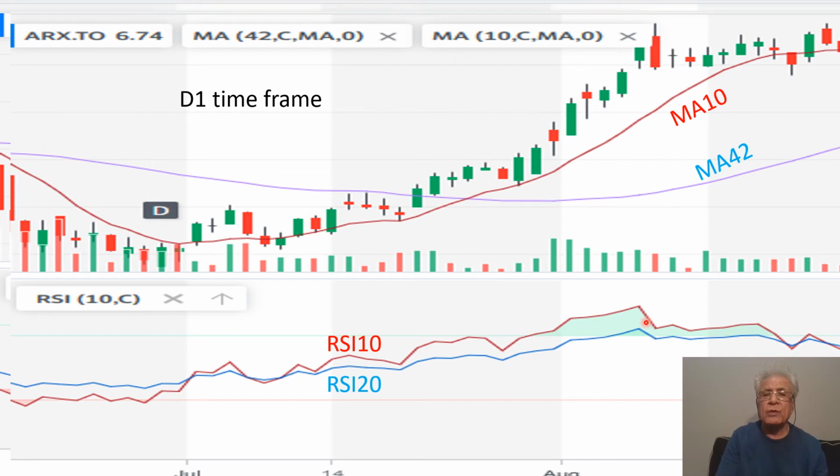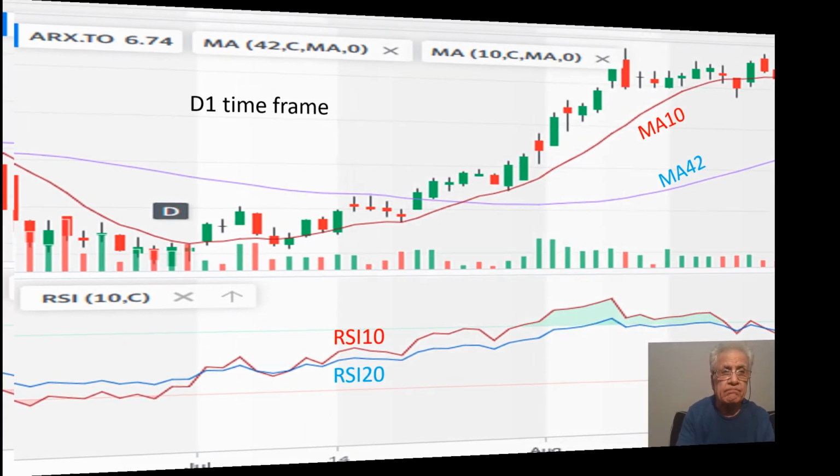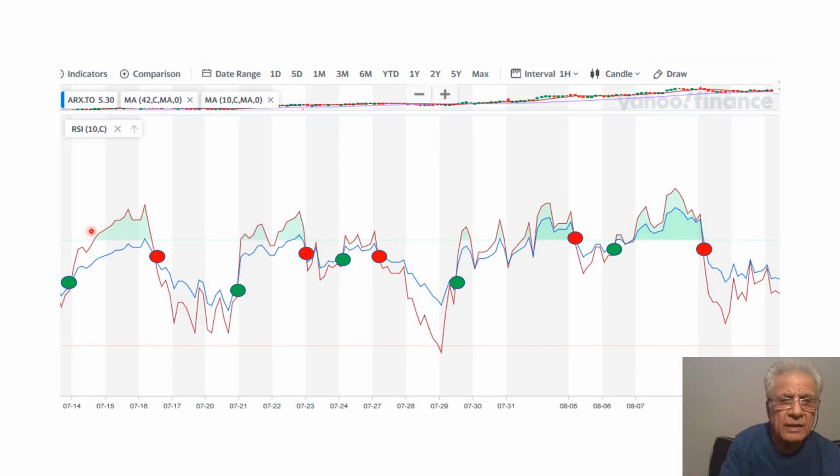Now, in order to know where exactly we can enter the market, we have to go to a two-step lower time frame, meaning the H1 time frame, in order to find the places where you can enter the market. Let's see the H1 time frame. This is again Yahoo Finance ARX stock in the H1 time frame.